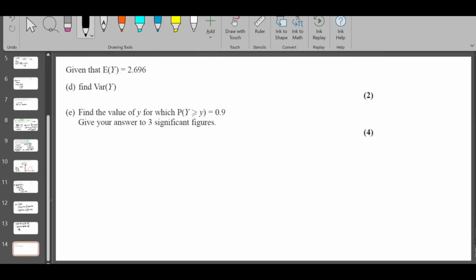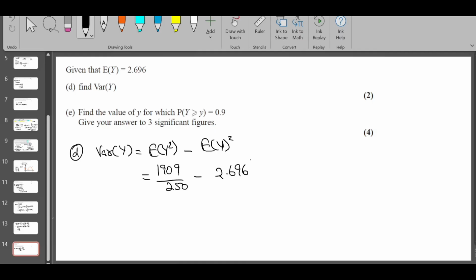Now the next part, E of y is also given, find the variance of y. The formula is variance of y is E of y square minus E of y whole square. So the answer we just got, 1909 over 250 minus E of y, which is given here, whole square.